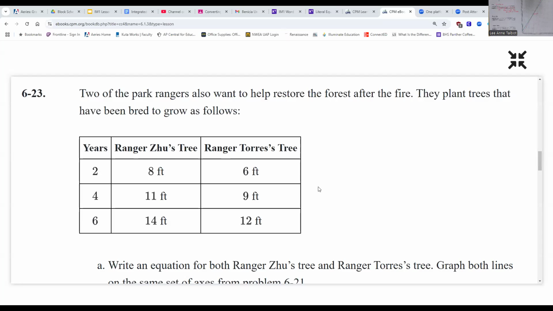Okay. So in Ranger Zoo's table, in the 2 spot put 8, in the 4 spot put 11, and in the 6 spot put 14. And in Ranger Taurus's table, in the 2 spot put 6, in the 4 spot put 9, and in the 6 spot put 12.